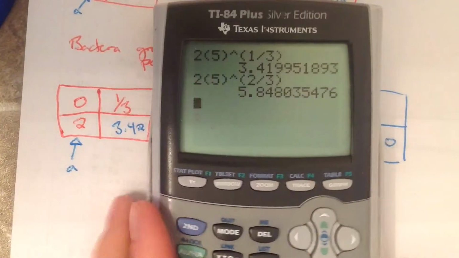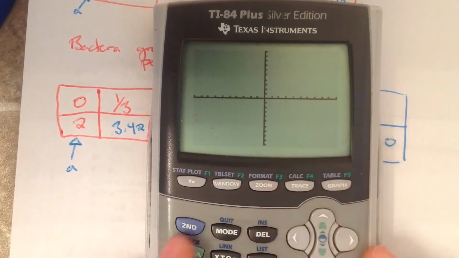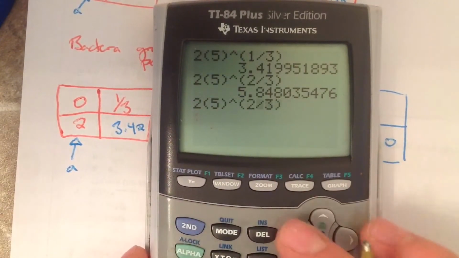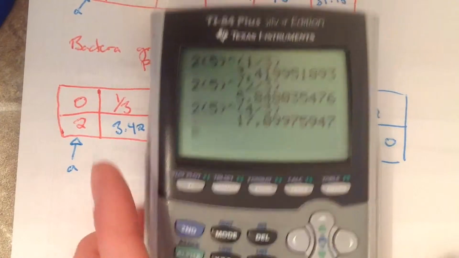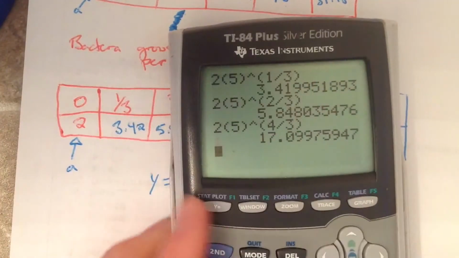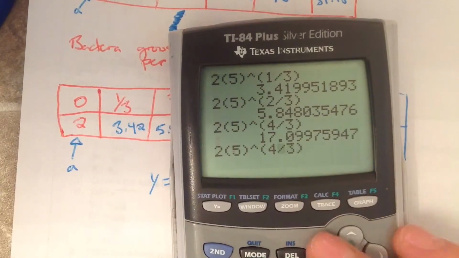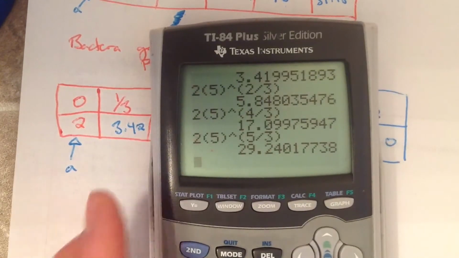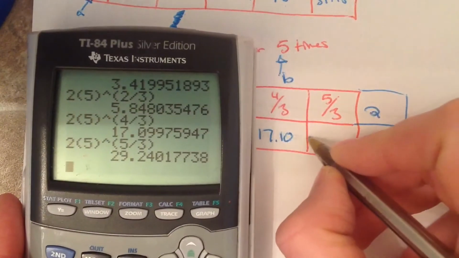Put in 4/3. There we go. 17.10 if we round, and put in 5/3 and get 29.24.